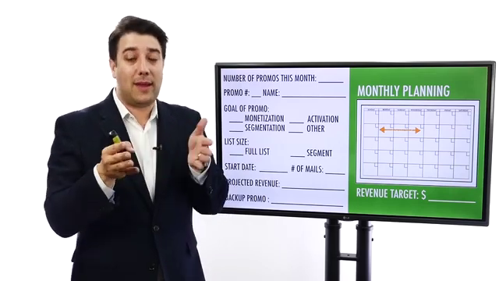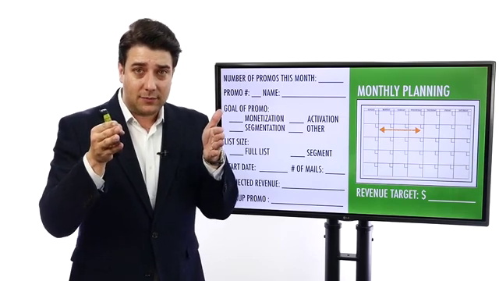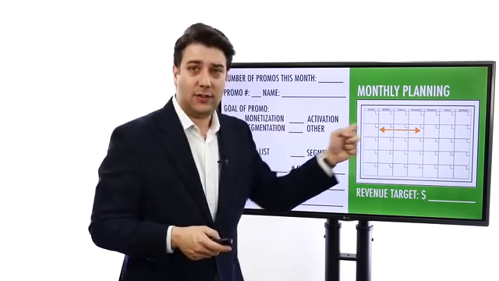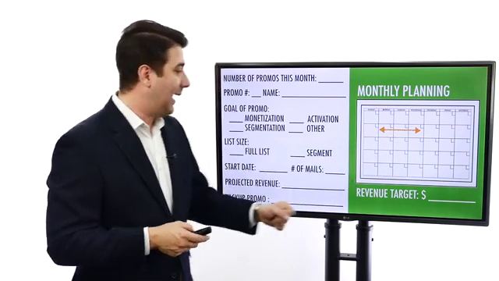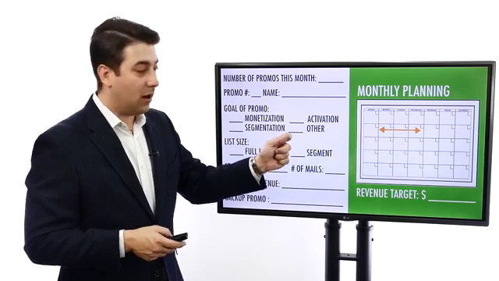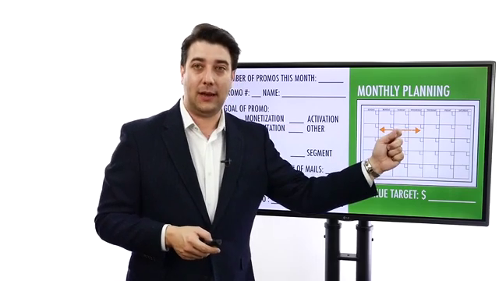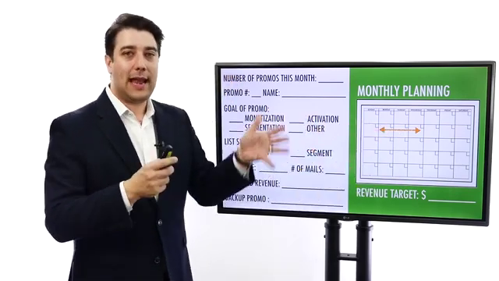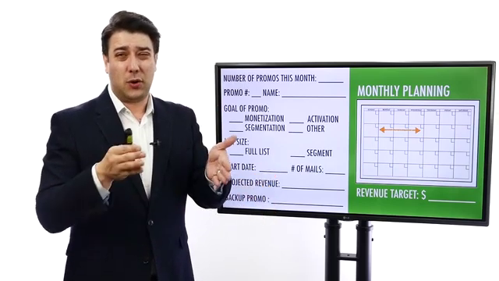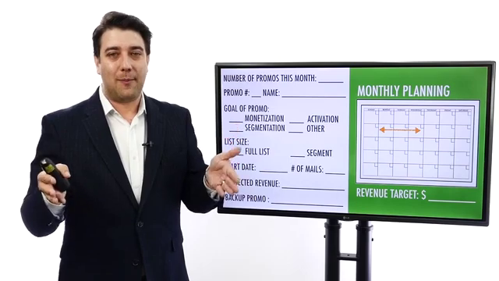That makes up a big enough portion of my database that I'm going to run a campaign directly to them and broadcast it. Then at the same time, anyone who hasn't bought that product, I'm going to run an activation campaign. So this is how we break down and optimize a marketing calendar when we're running potentially 2 or 3 or 4 campaigns a week.